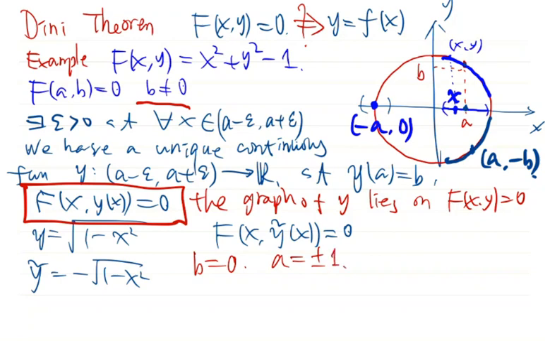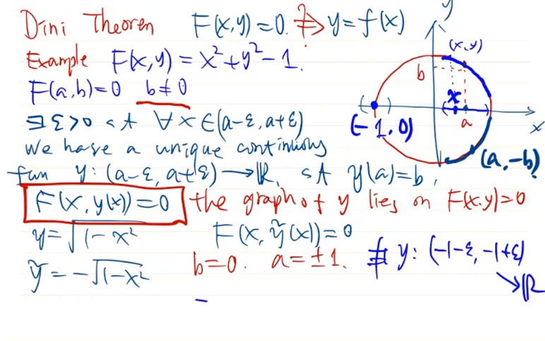Okay, so this is minus 1. And in this case, no matter how small the epsilon you take, you could not define a function y from a neighborhood of a, which is minus 1 or positive 1, that is minus 1 minus epsilon to minus 1 plus epsilon, such that F(x, y(x)) is 0.